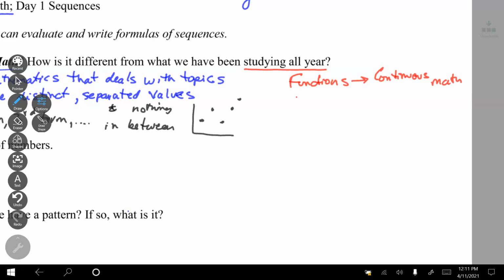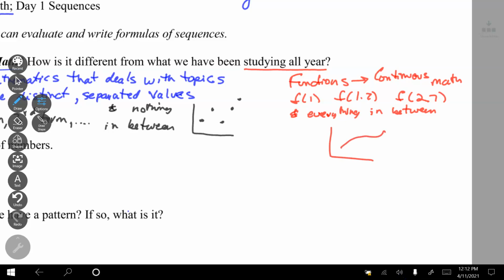In other words, f of 1, f of 1.2, f of 2.7, and everything in between. Very continuous. Maybe graphs that maybe look like this.